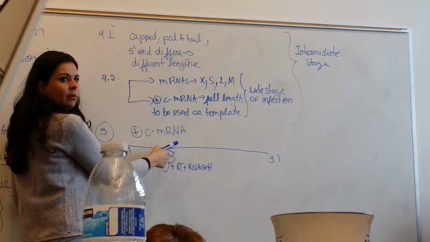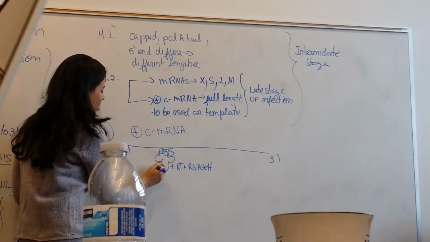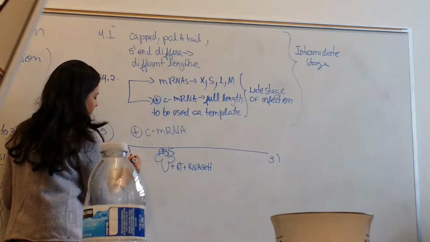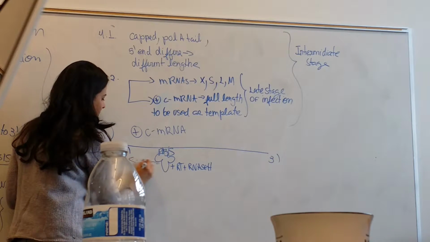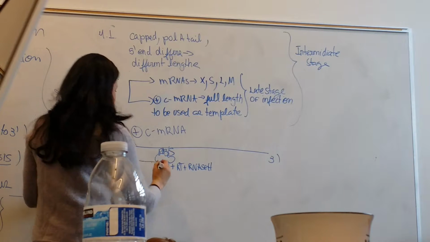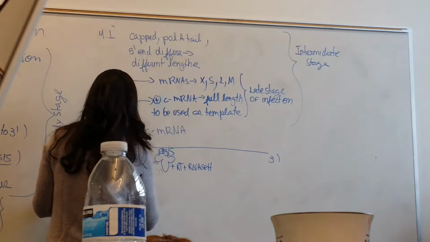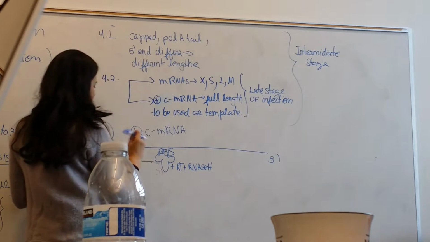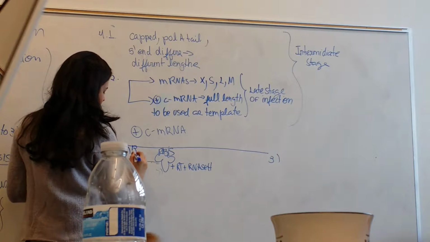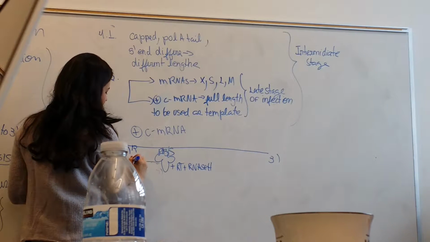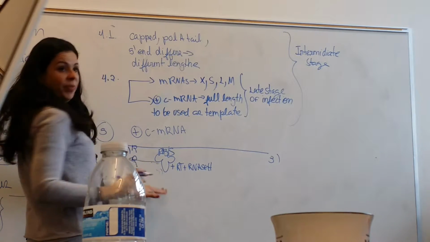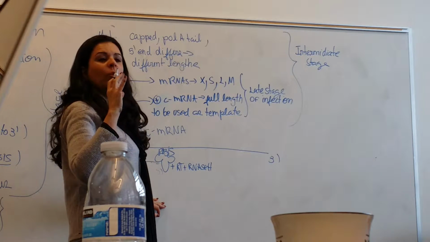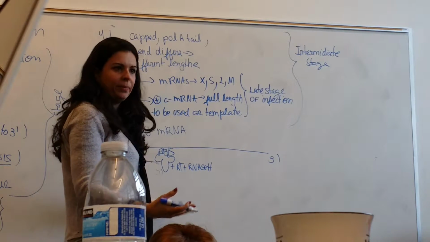Do you see that? And then it's going to go to the 5'. So this one is going to be 5 to 3. Once it reaches an R sequence here, and you copy our R sequence, it will have a halt. It will stop and then it will jump.